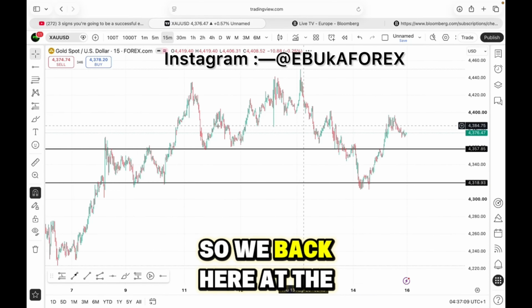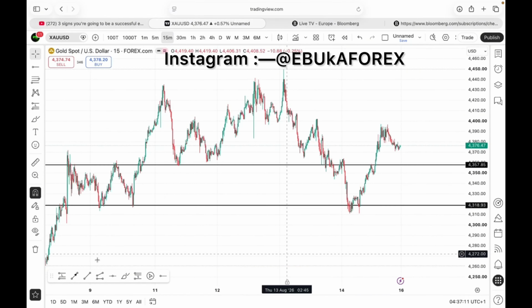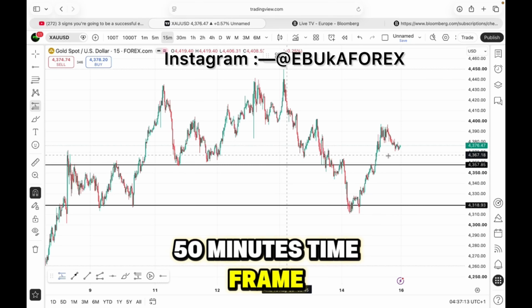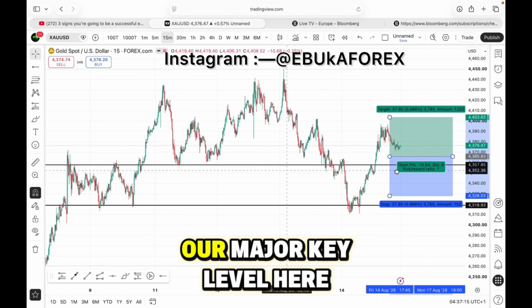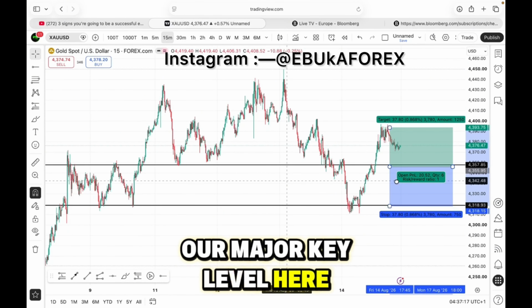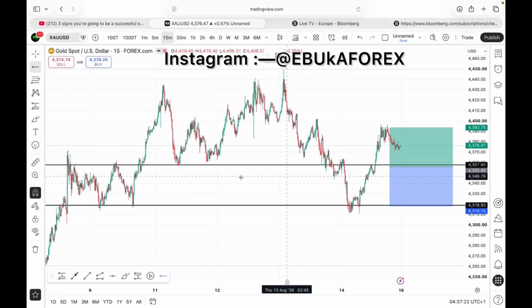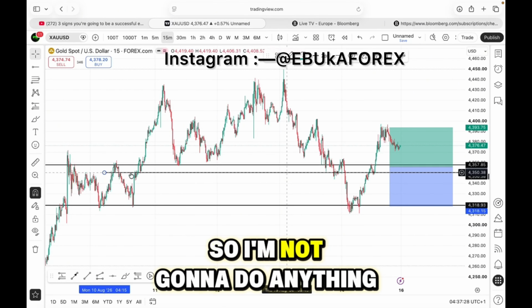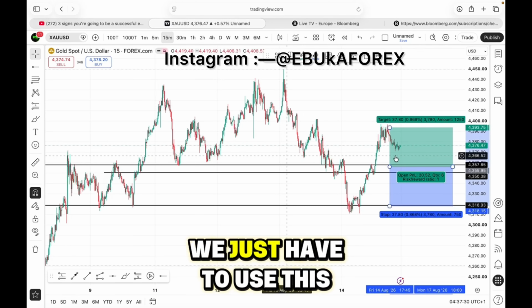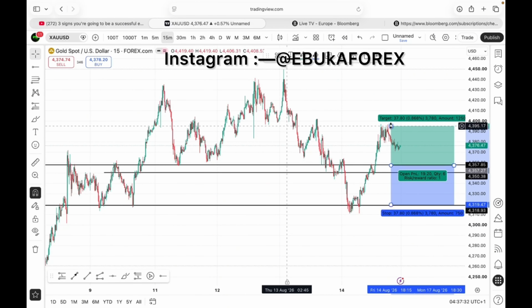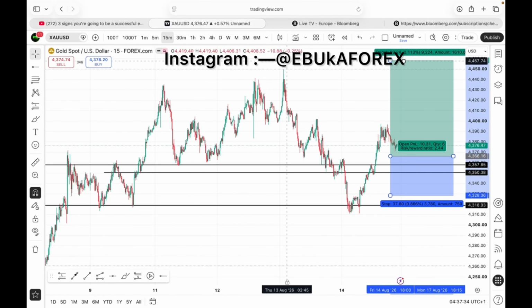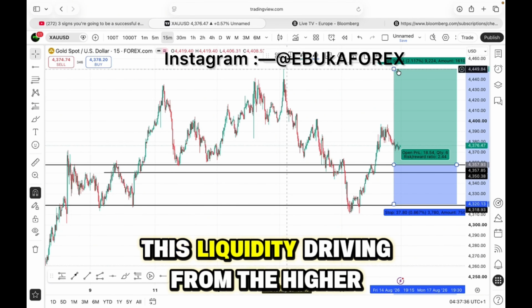So back here at the 15 minutes time frame, you can see here we have our major key level here. So I'm not gonna do anything, we just have to use this liquidity driving from the higher time frame.